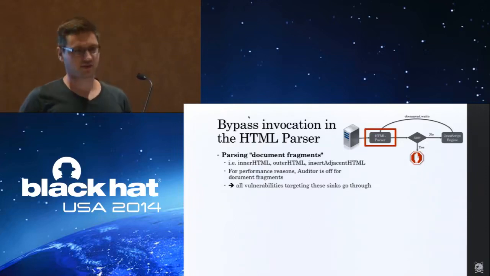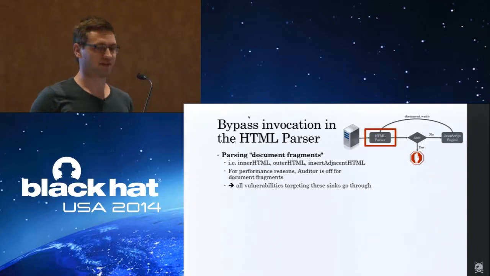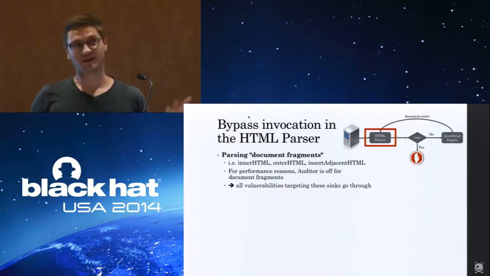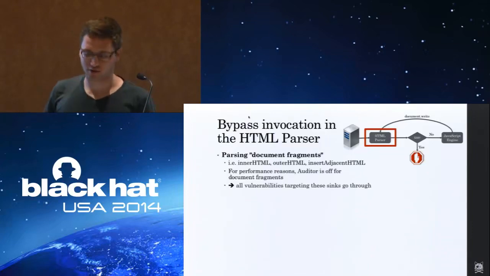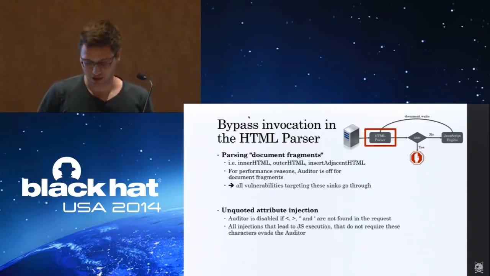However, as we found, there are so many vulnerabilities out there that have a flaw when they use inner HTML, which allows an attacker to always bypass these things. So that's pretty simple. We didn't have to generate payloads targeting a bypass. It's an inner HTML flow, so let's exploit that, and it will always pass through the auditor.